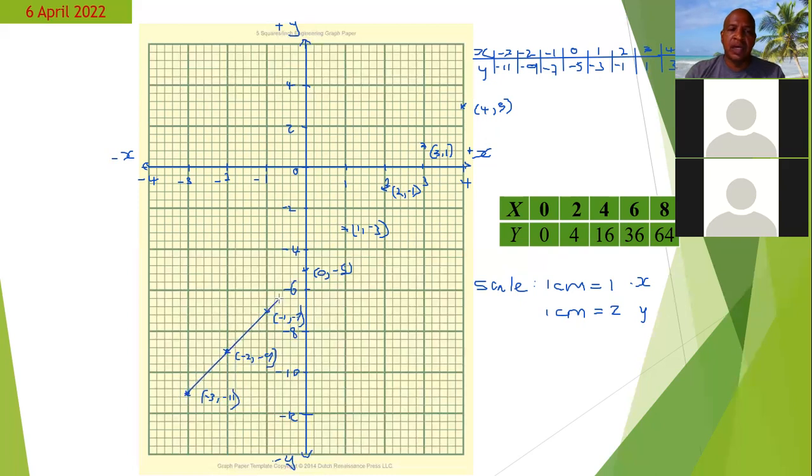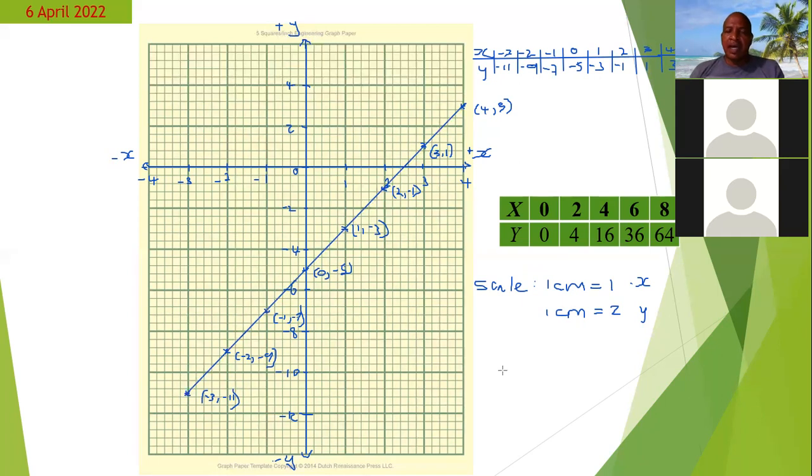So if you use a ruler, your line should go straight through all your points. All right. Now, if your line is not going through all your points, it means that you would have done something wrong in terms of the location of your points. All right. And so your graph should look like that.